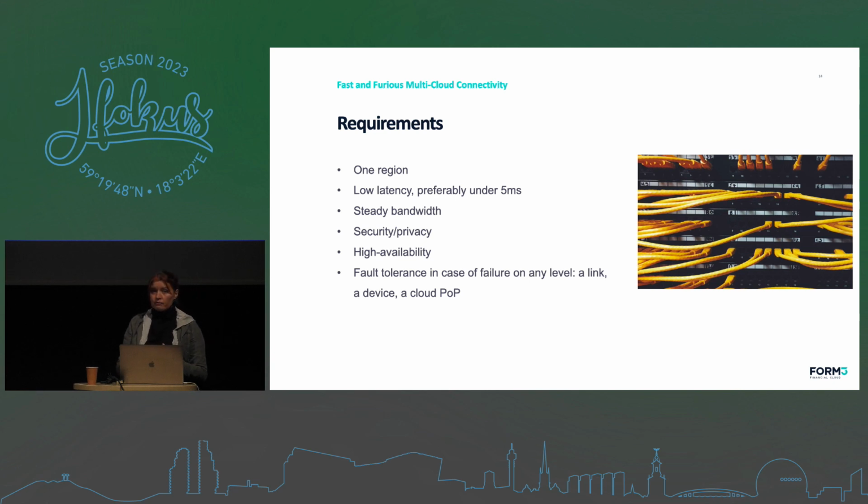We would like to have our connections be secure and private, just to minimize the attack surface. That's all about fintech and payments. And last but not least, high availability and fault tolerance in case of failure on any level, be it a link, device, or even cloud point of presence.